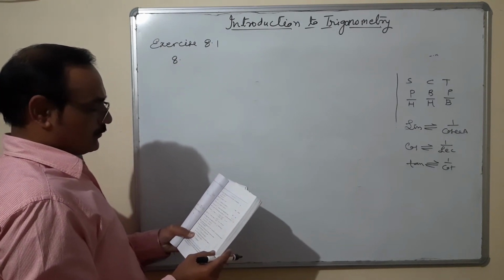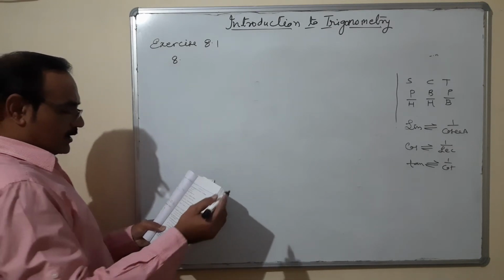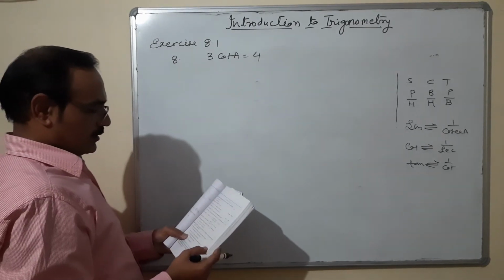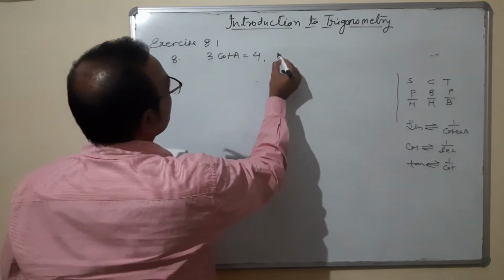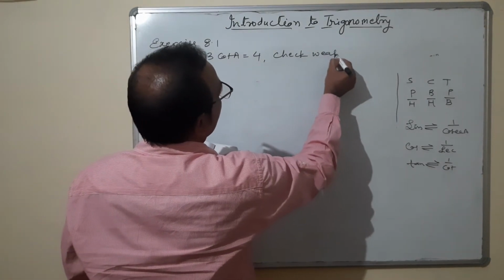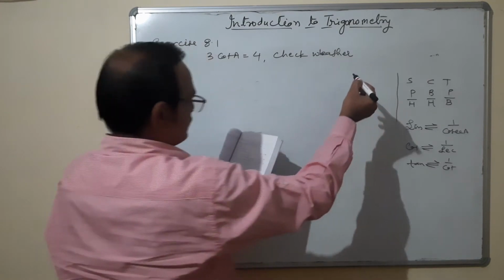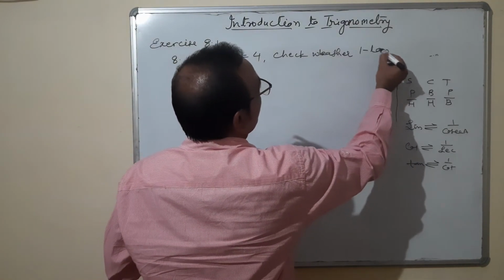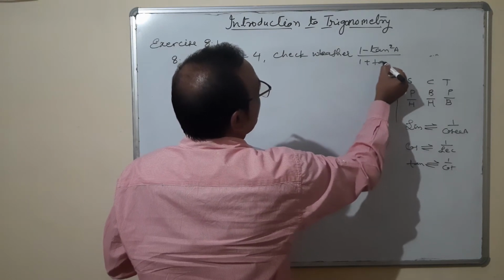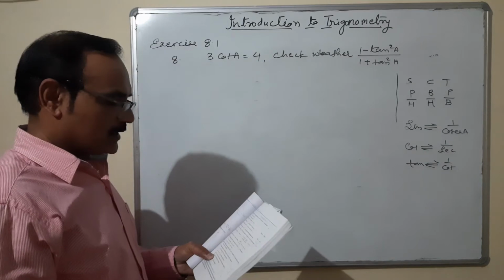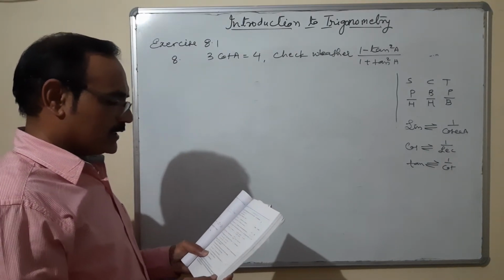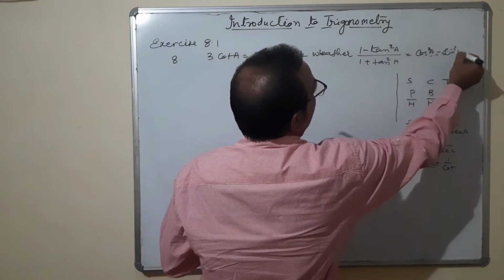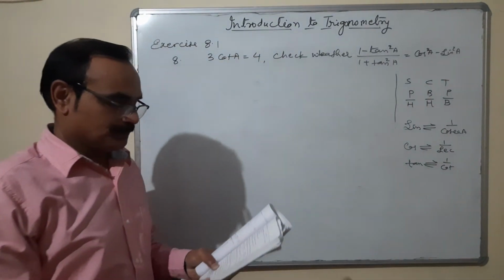If 3 cot A is equal to 4, check whether 1 minus tan square A upon 1 plus tan square A is equal to cos square A minus sin square A. Check whether it is true or not true.